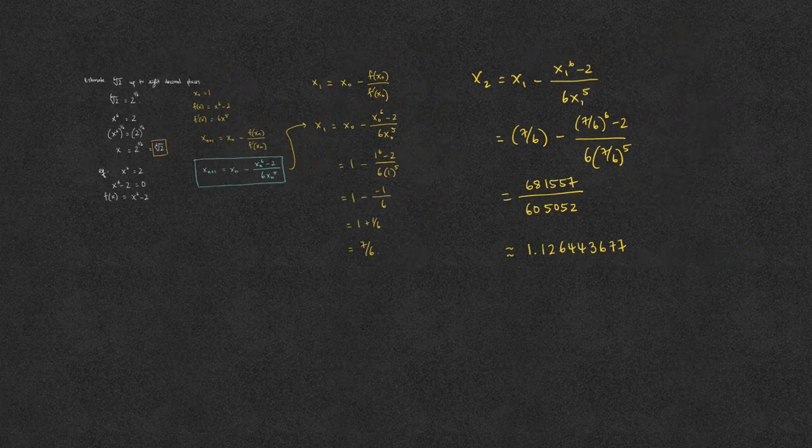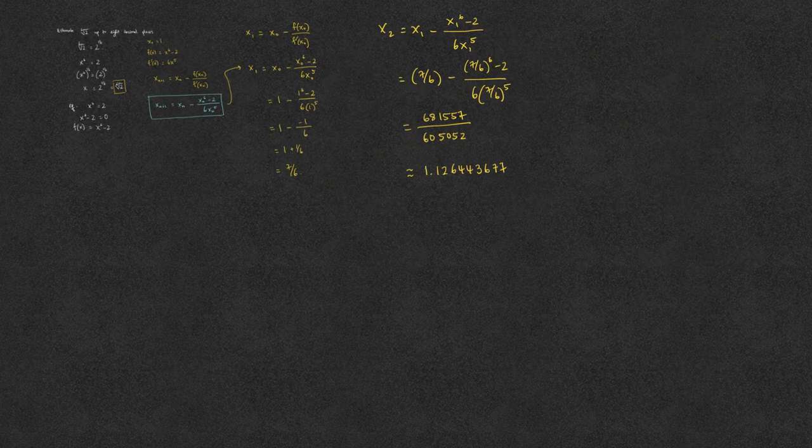We then use x sub 2 to find x sub 3. x sub 3 is x sub 2 minus x sub 2 to the 6th minus 2 over 6 times x sub 2 to the 5th.